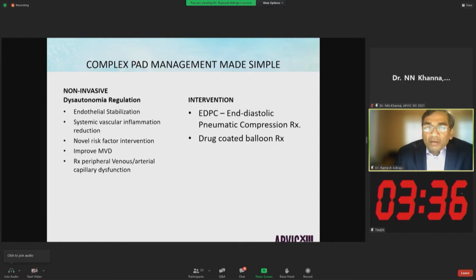The simpler, newer measures on the horizon have been the drug-coated balloons, as we all know, and shockwave balloon treatment, which is the focus of my presentation today.